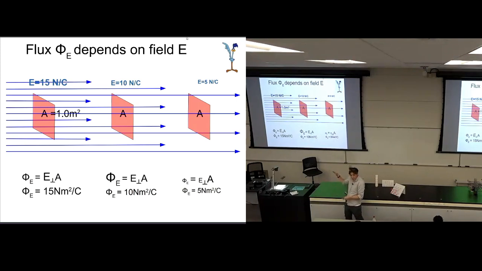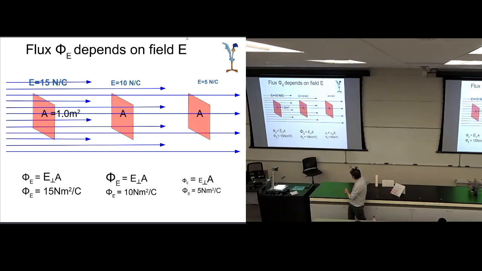In that field that varies from strong to weak, I put a surface to figure out the flux through it. The surface is always the same size, always the same orientation. This slide describes the dependence of the flux on the electrical field. It's the only thing that's changing here.